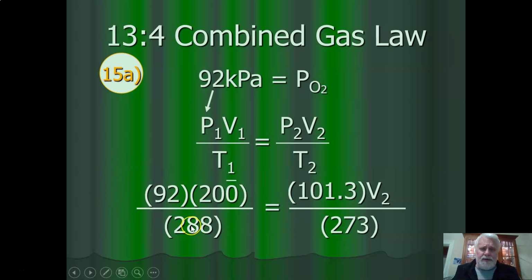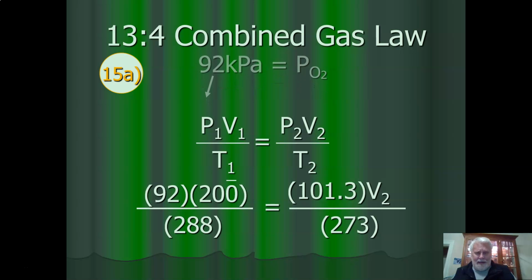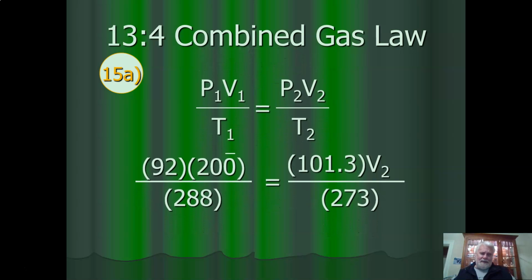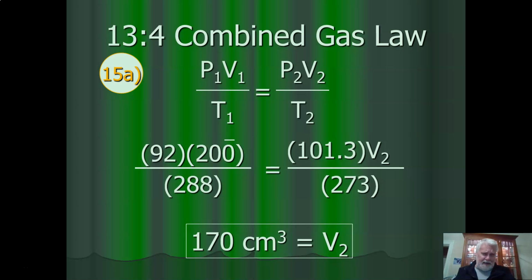And then I divide by 288 equals, then divide by 101.3, because that's going to slip down to the bottom, hit the equal key, and make sure you're getting that as an answer. Now that's not what your calculator is going to say, but you need to round it to 2 sig figs because of that 92 right there. Okay, so we're really getting to practice with these significant figures.